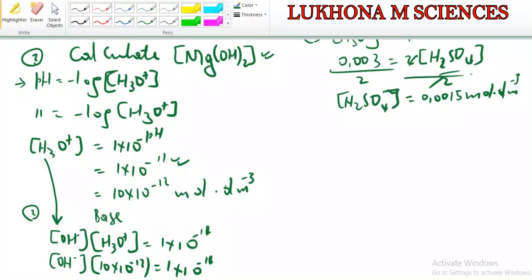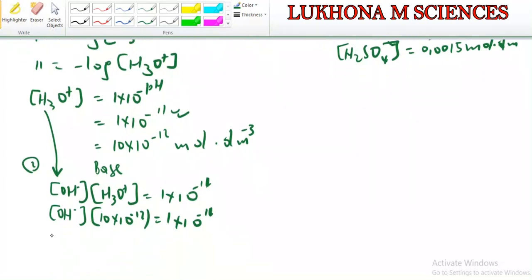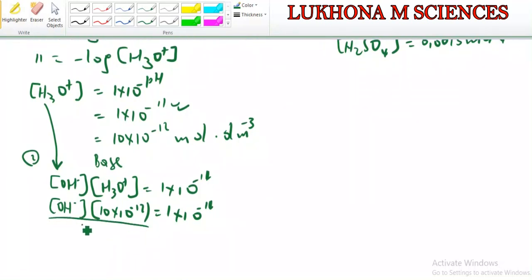Then we divide both sides by 10 times 10 to the power negative 12.